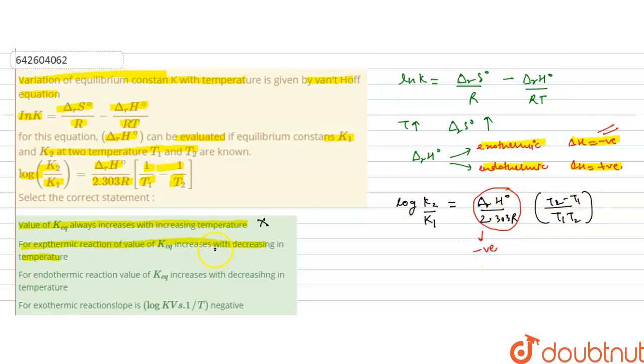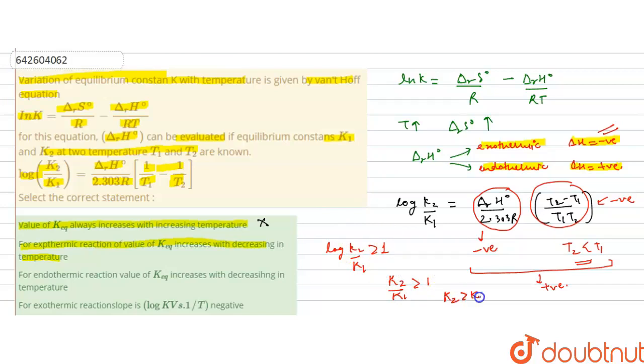We are saying that with decrease in temperature, T2 is less than T1, so this value will also become negative. Negative and negative, so the total value becomes positive. So log of K2 by K1 will be greater than 0, which means K2 by K1 is greater than 1, or K2 is greater than K1. It means the equilibrium constant value will increase if the temperature is decreased. So this statement is correct for exothermic reaction.